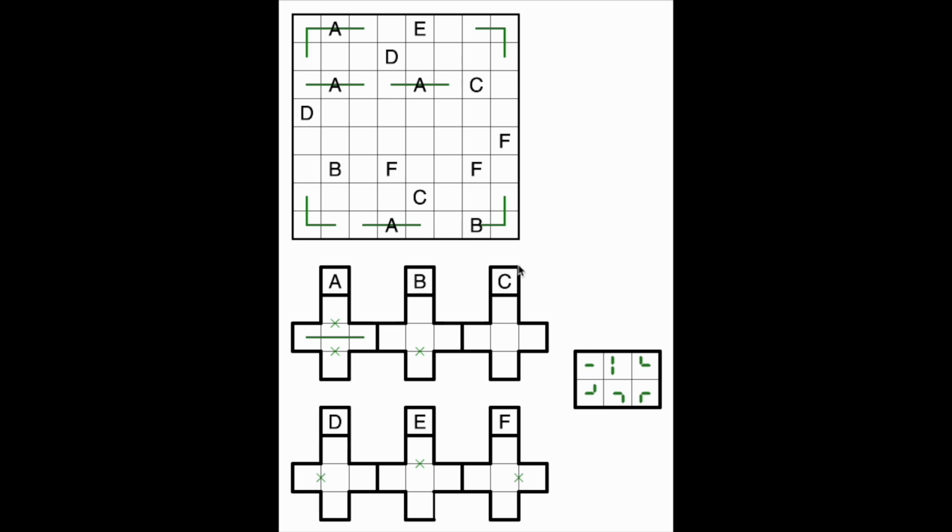Now that's telling me something with respect to B, because we have a line coming in from the east. So that must be true for all of the B's. Also, I know that B does not have the same makeup as an A, so it does not go straight through, which means it must turn like so.